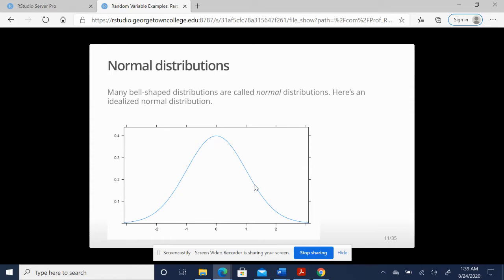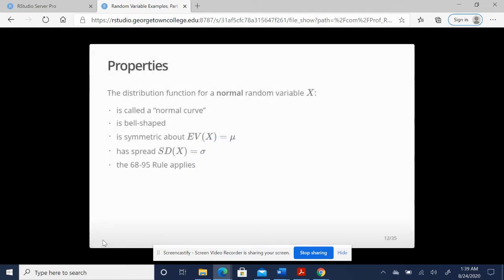Okay. So many bell-shaped distributions are called normal distributions, and this is what the idea of a perfect normal distribution would look like. Okay, perfectly symmetric. We have nice balance and symmetry there. The distribution for a normal random variable, any normal random variable x, we call this a normal curve. It's going to be bell-shaped, and it's going to be symmetric about the mean, and that mean is going to be the expected value.